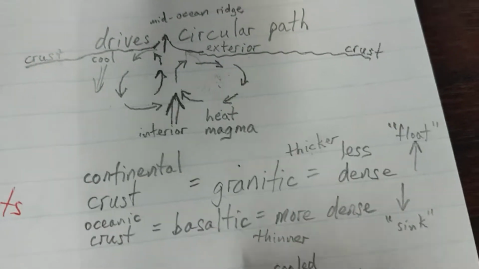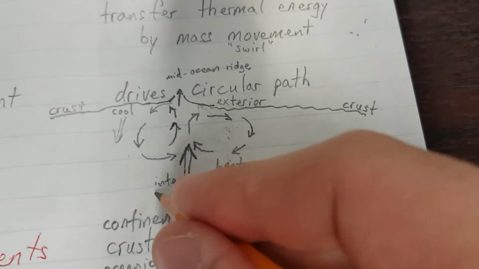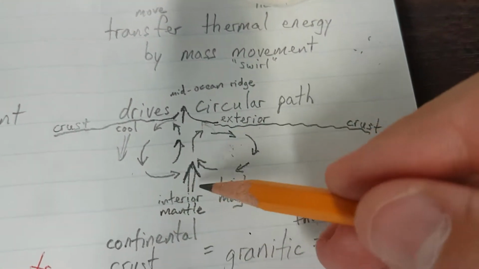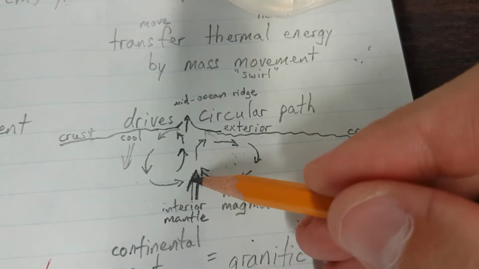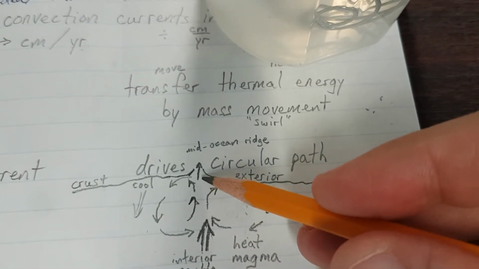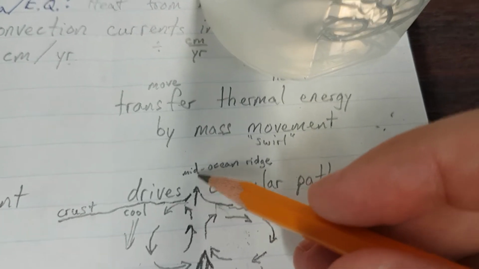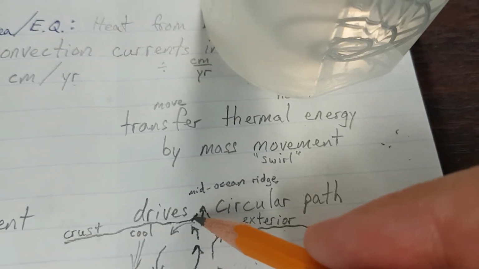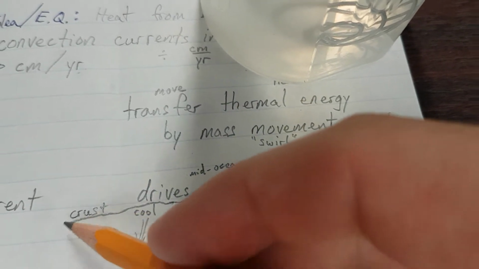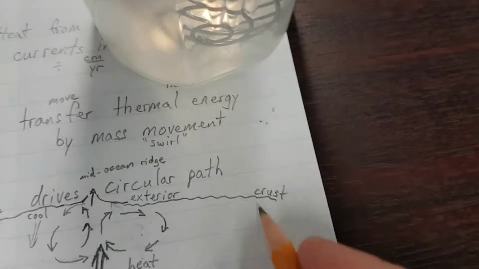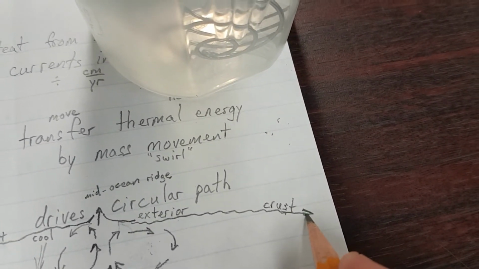Okay, so now, in the interior, in the mantle, M-A-N-T-L-E, we have the heat, or the magma, pushing and lifting things up towards the crust. When those two plates split open, that's where the mid-ocean ridge is. The crust either goes off to the left, and we can draw a little arrow on the end of the crust because it goes that way, or a little arrow on the end of this crust because it goes that way.